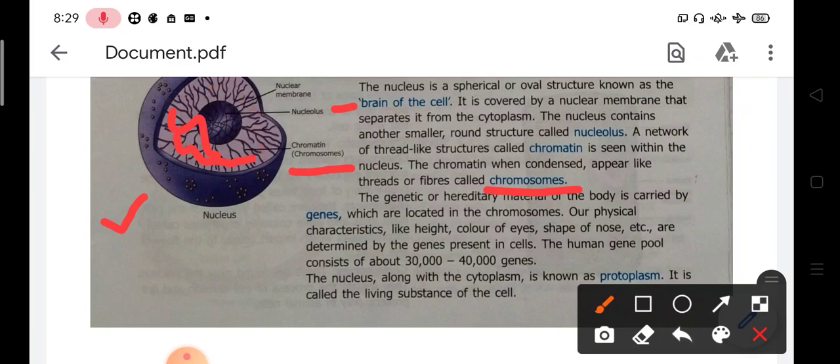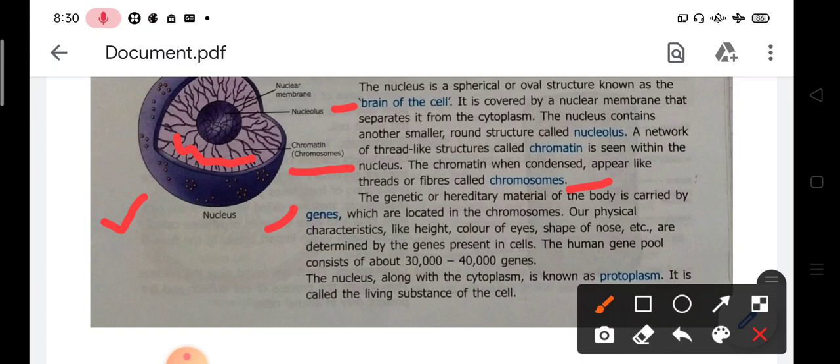Chromatin condenses to form the chromosomes, and the genetic or hereditary material of the body is carried by genes. That means when chromatin condenses to form chromosomes, chromosomes contain genes, and genes are responsible for transfer of characters to the next generation.